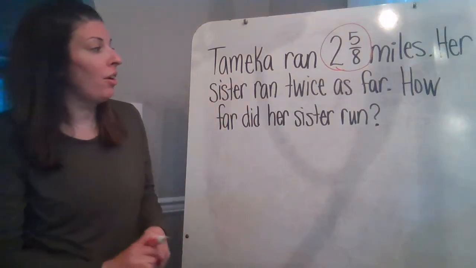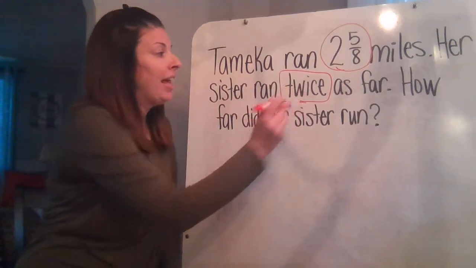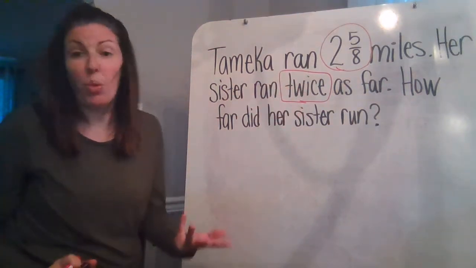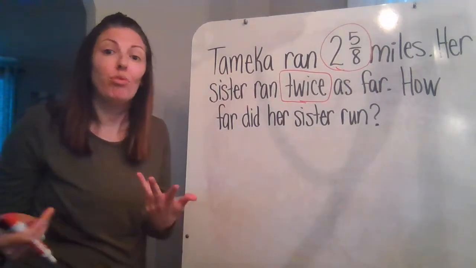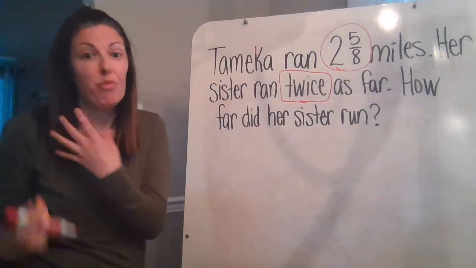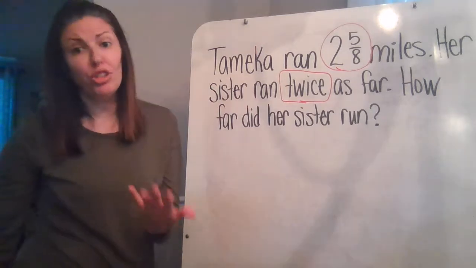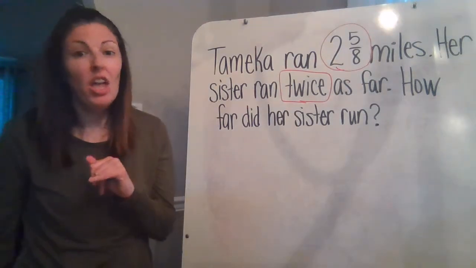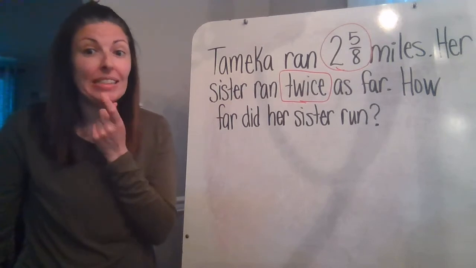Then I also need to pay attention to this right here, twice. Now, twice, that's not a number, but it represents a number, and it tells us what exactly we have to do to figure out how far her sister ran. So does anybody know what twice means?